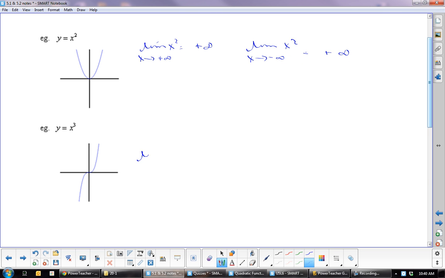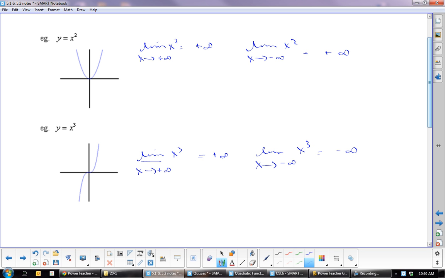Now this one here, if I had the limit of x cubed as x goes to positive infinity, that would equal positive infinity. But the limit as x goes to negative infinity of x cubed would be negative infinity.